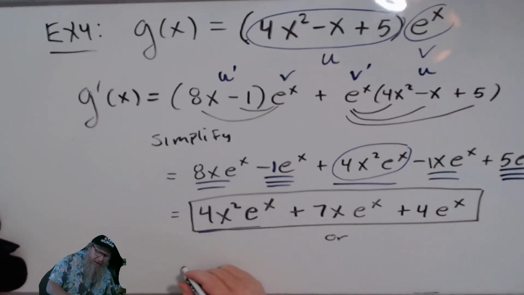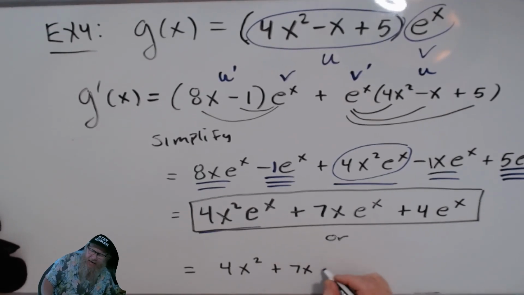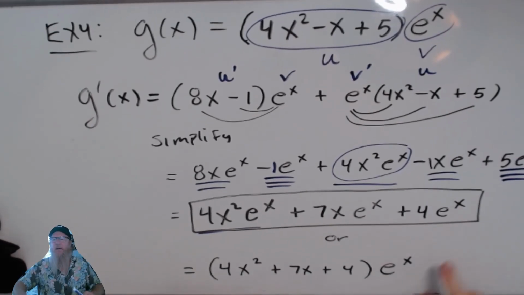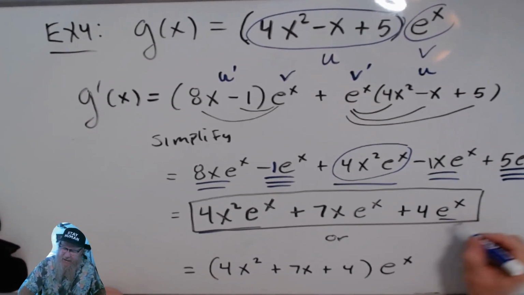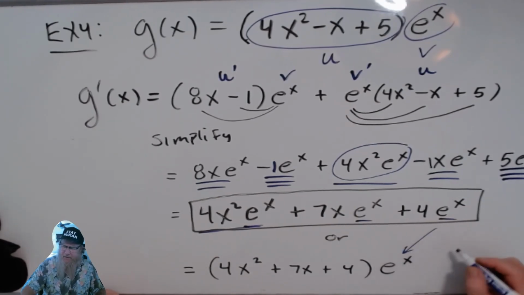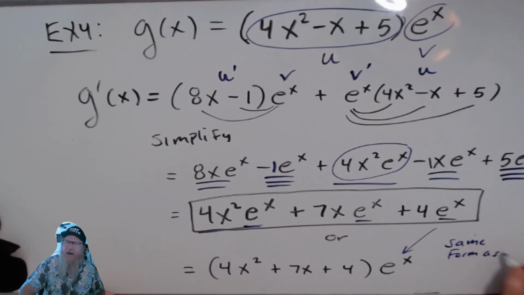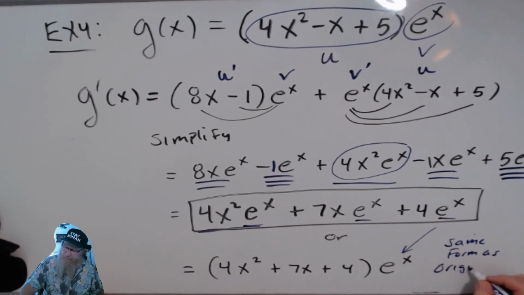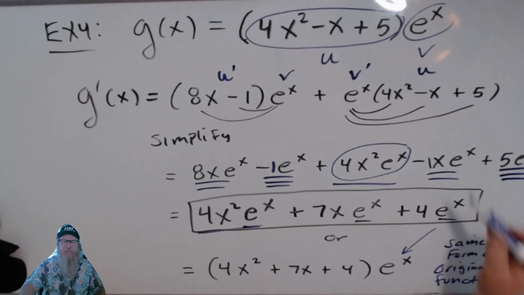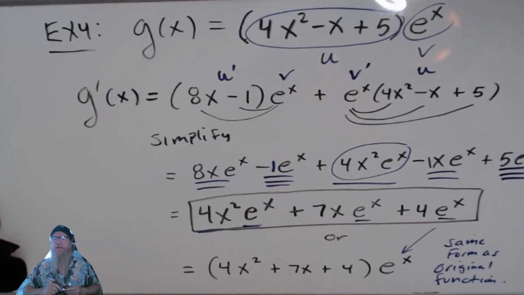I will also accept this. You can write the answer in the same form as the question by simply putting the e to the x out in front, since they all have an e to the x. Same form as the original function, with the e to the x out in the front.